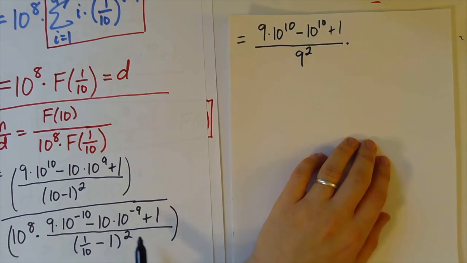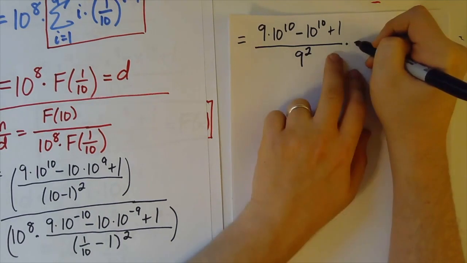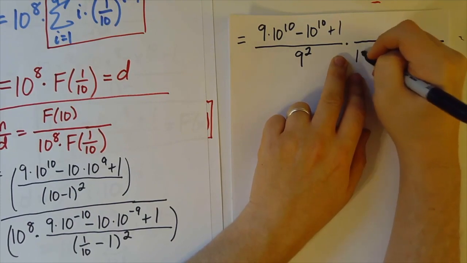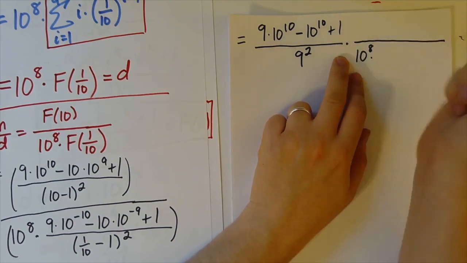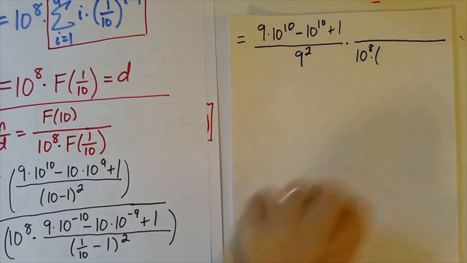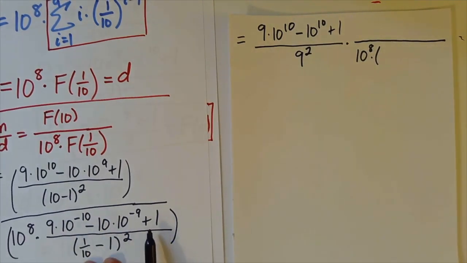Okay, and now I need to remember we're multiplying by the reciprocal of this thing. So the thing that was the numerator here now is going to become the denominator. So it's going to be 10 to the 8th times, okay. And I'm going to notice everything in this numerator is tiny except the 1. So I'm going to put the 1 at front to remind me of that.